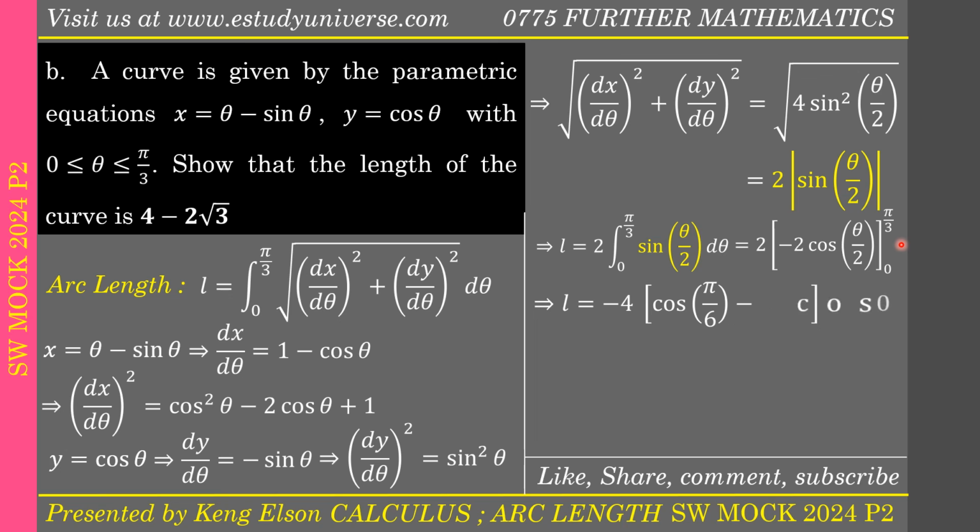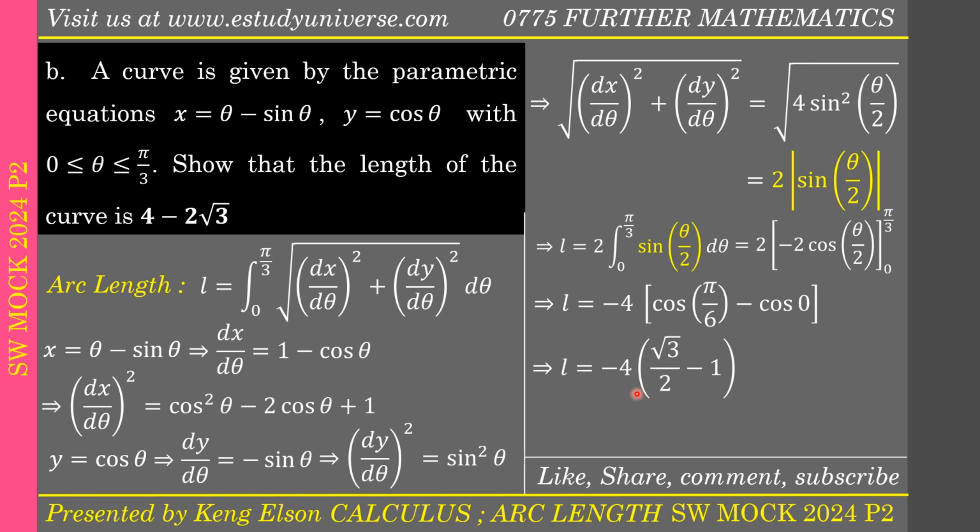So from there we just have to replace pi on 3. When we replace pi on 3 here, remember 2 times negative 2 is negative 4. When I replace pi on 3 here, I get pi on 6, because it's pi on 3 then on 2. When I replace 0, I'm going to get cos 0. Now pi on 6 is 30 degrees, and cos 30 is root 3 on 2.